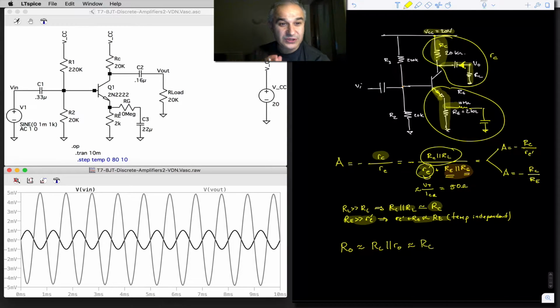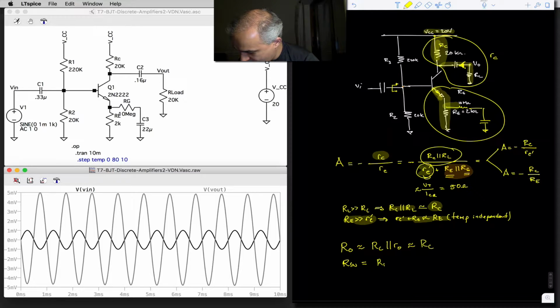We want voltage amplifiers with low input impedance, low output impedance. And actually, the input impedance looking from here is also not that high, right? We have that R into the amplifier. For AC, we have R1 in parallel with R2, because VCC is an AC ground, in parallel with the impedance.